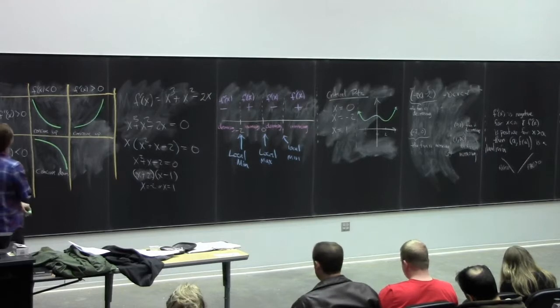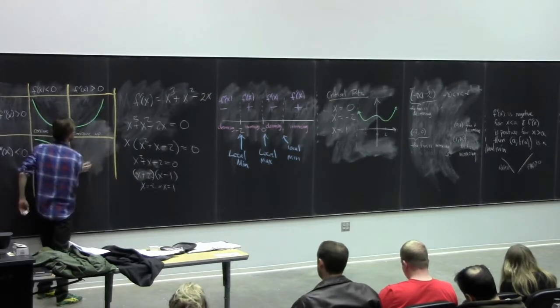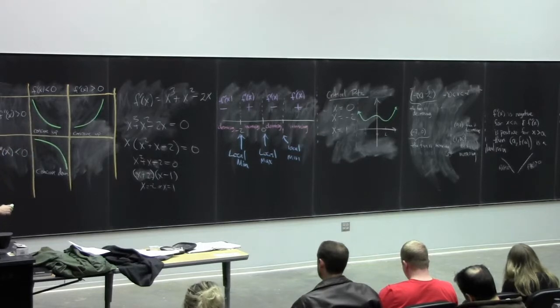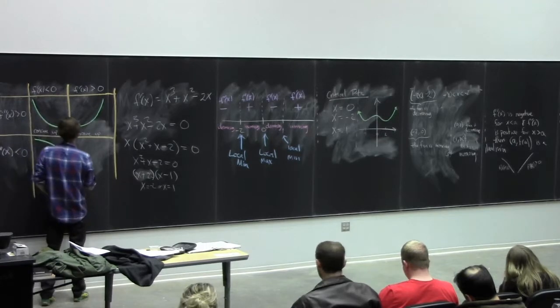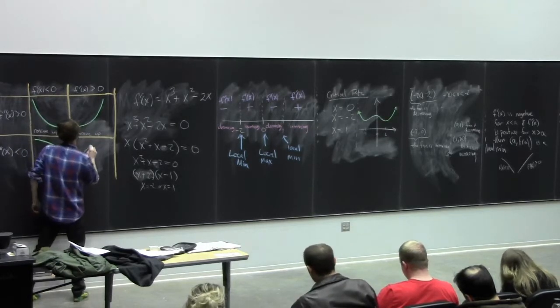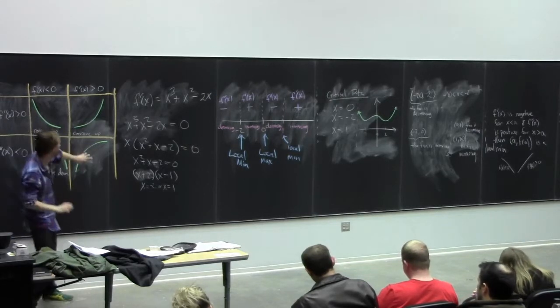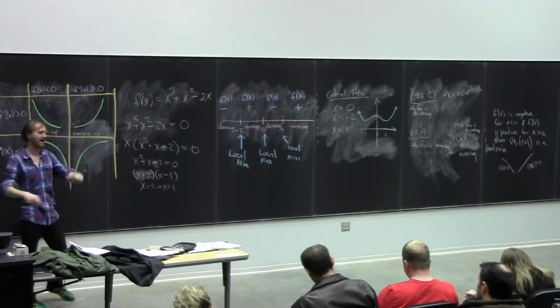And then here, the derivative is positive, so it's increasing. It's going from left to right and up, but it's increasing at a slower and slower rate. So it's going to be concave down, but this way. So here's the cave part. The cave part is below, it's down.